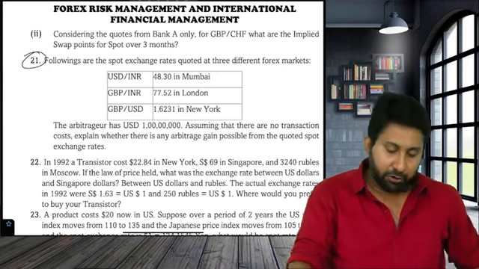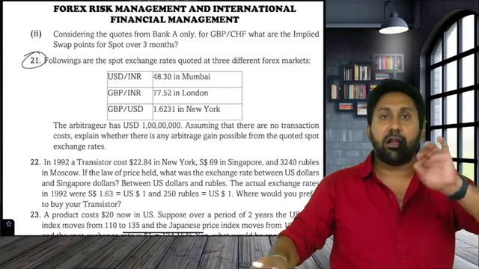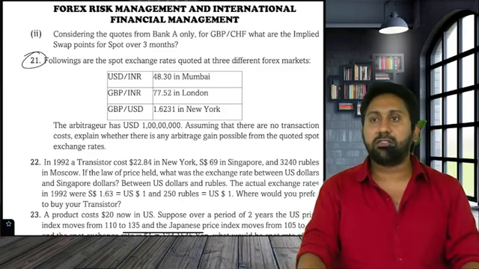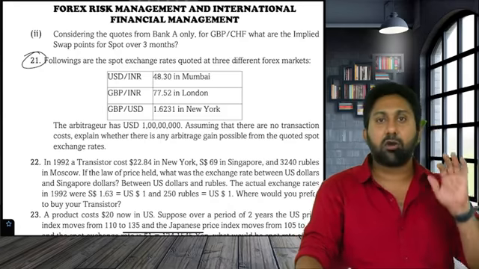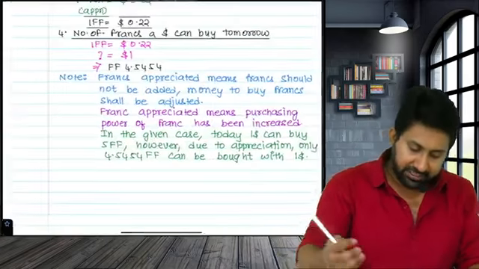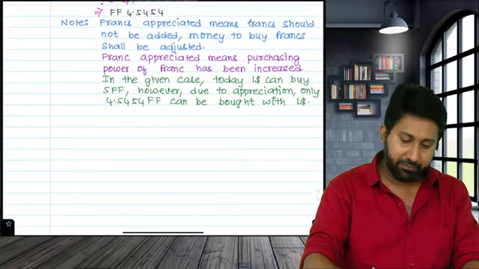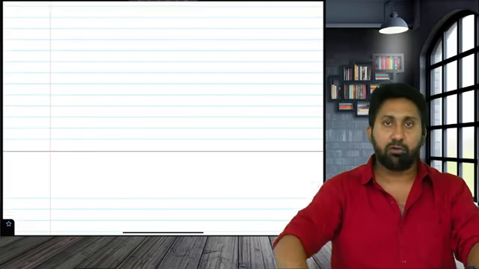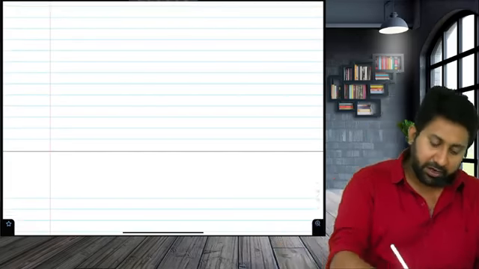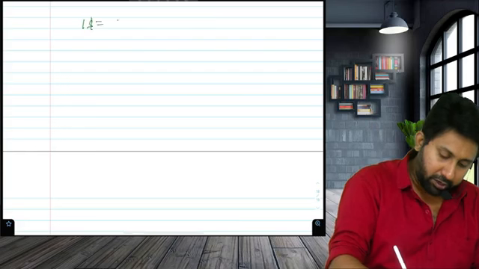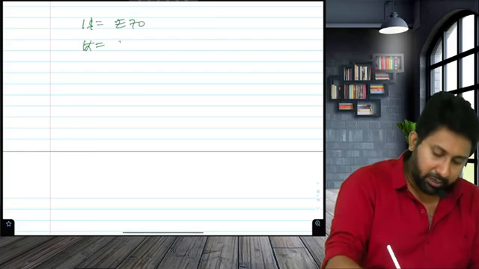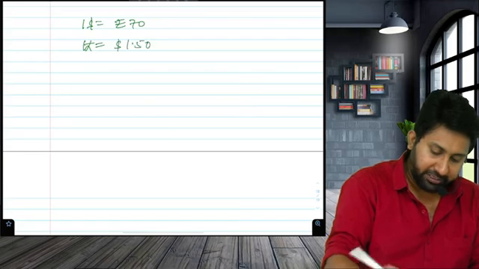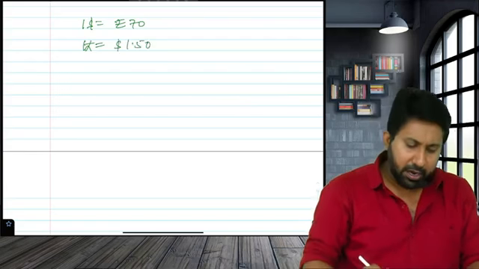Now listen carefully. We understood that there is a concept called cross-currency quotation. First I will roughly explain the idea, and later we will develop it further with a problem. For example, $1 equals rupees 70 and 1 pound equals $1.50.